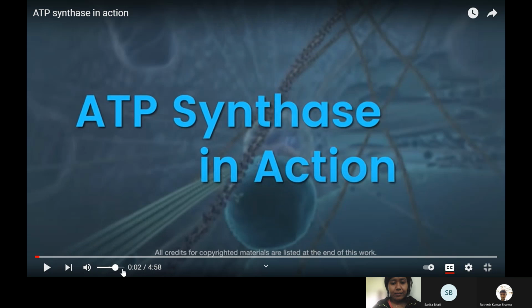So again, what this video is going to show you is again ATP synthase, but it's going to zoom into the active site. और एक्टिव साइट में आप देखेंगे कि एडीपी जब एक्टिव साइट में बैठा है, then how it is linked to the side chains of amino acids that are present around the active site. You will see how the phosphate molecule is brought near it.